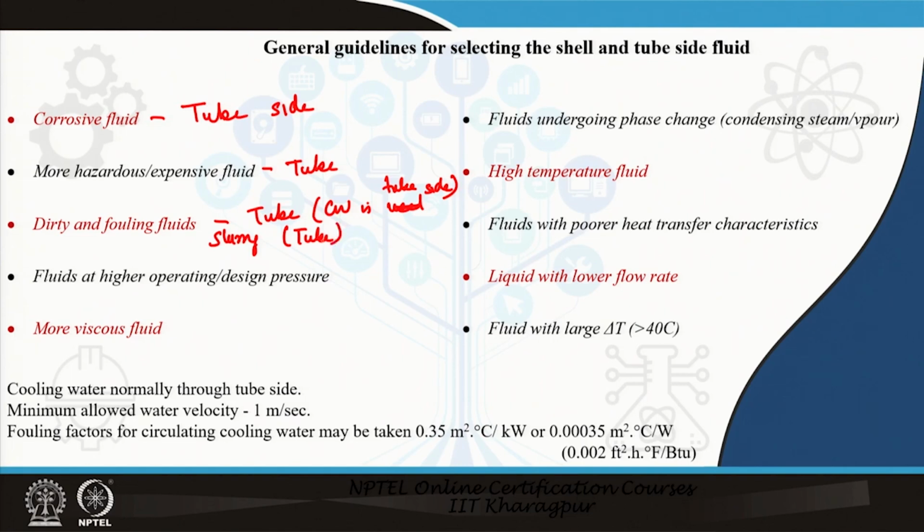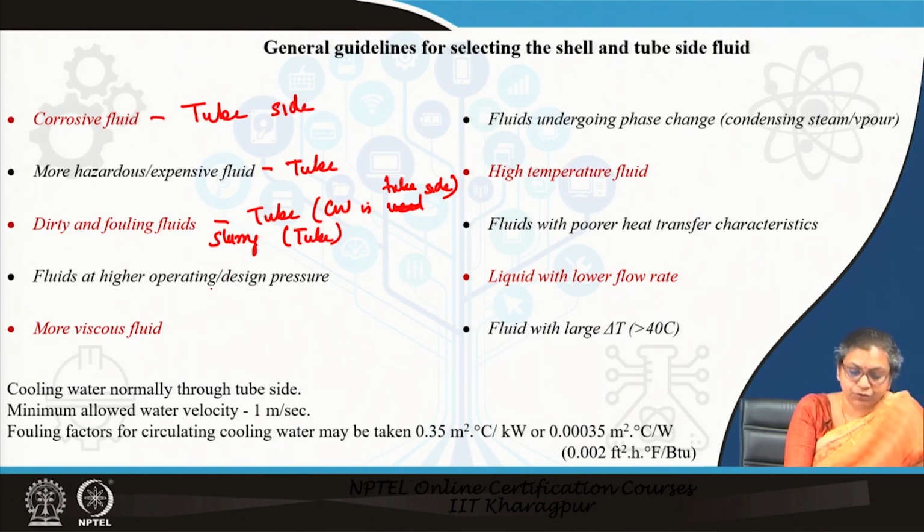The other thing is fluid at a higher pressure. In this case also, if you remember, I had told you that when a fluid is at a higher operating or a higher design pressure, under that condition, t = Pd / 2σ.